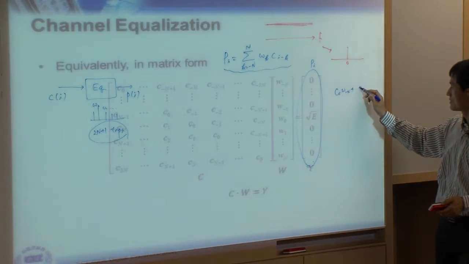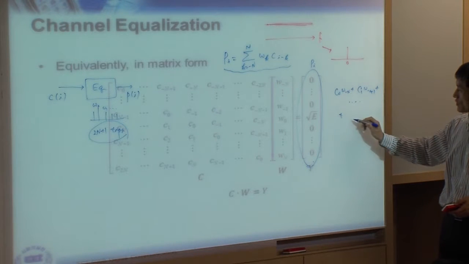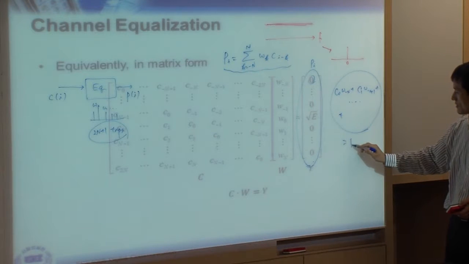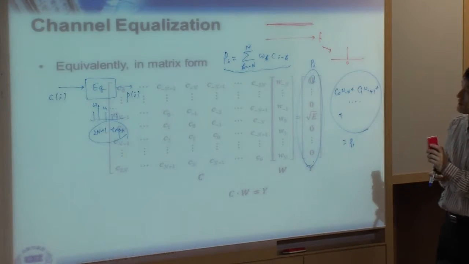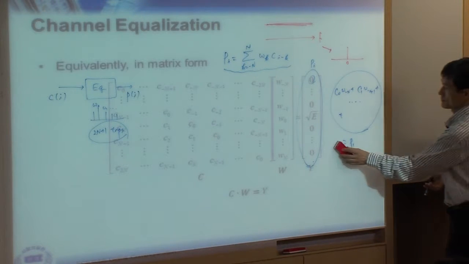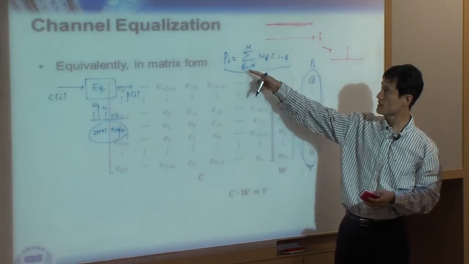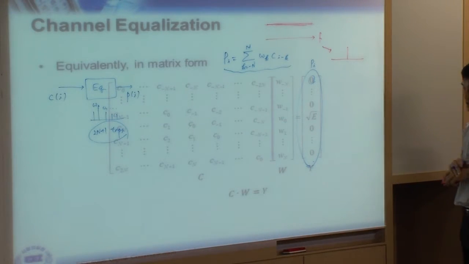C1 times W minus N plus 1, dot, dot, dot. You have so many summation terms. That is going to be P1. Something like this, right? That is the same as this one. Okay? So simply, this is a summation equation. This is a matrix notation. Both are the same thing.